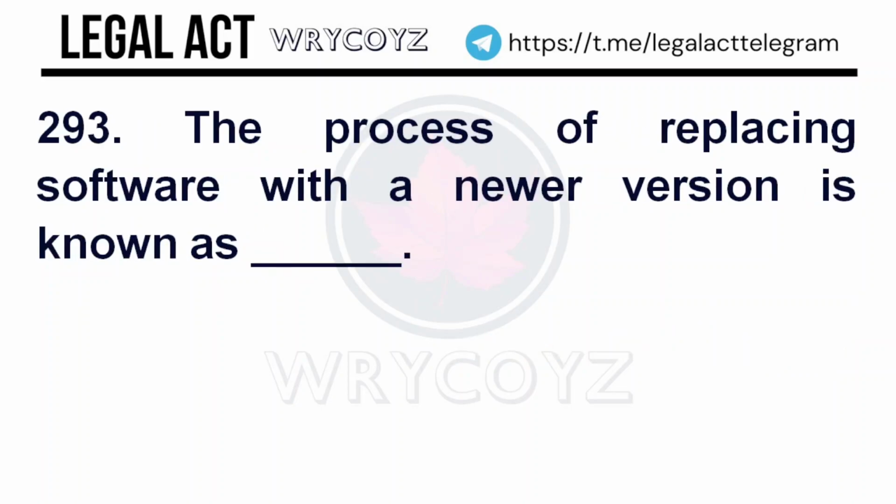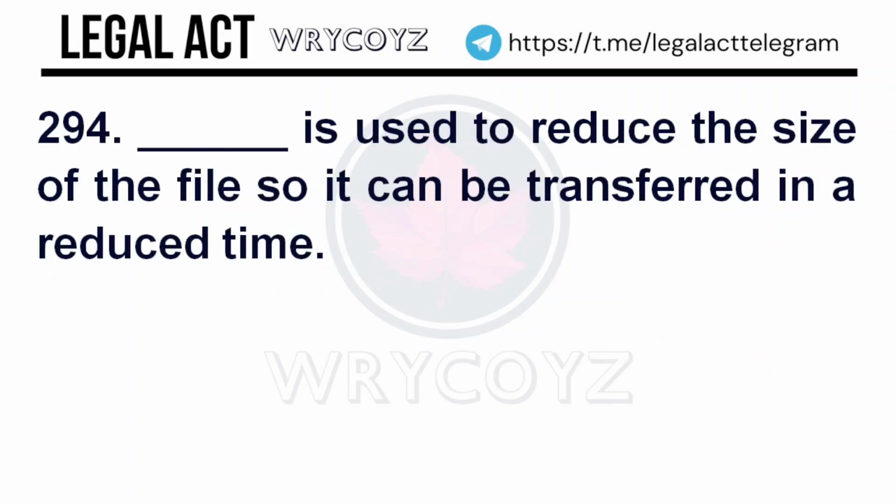293. The process of replacing software with a newer version is known as dash. The answer is upgrading. 294. Dash is used to reduce the size of the file so it can be transmitted in a reduced time.